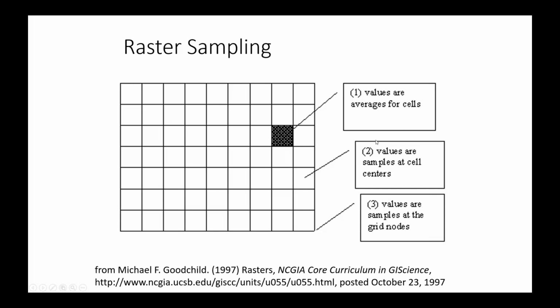It may represent values sampled at the centers, or sometimes values sampled at grid nodes. With ArcGIS, we're almost always using either 1 or 2, because 3 can be interpreted as just a 2 with a half grid cell shift. But the interpretation of how the data was actually encoded or obtained is important in terms of using the data.